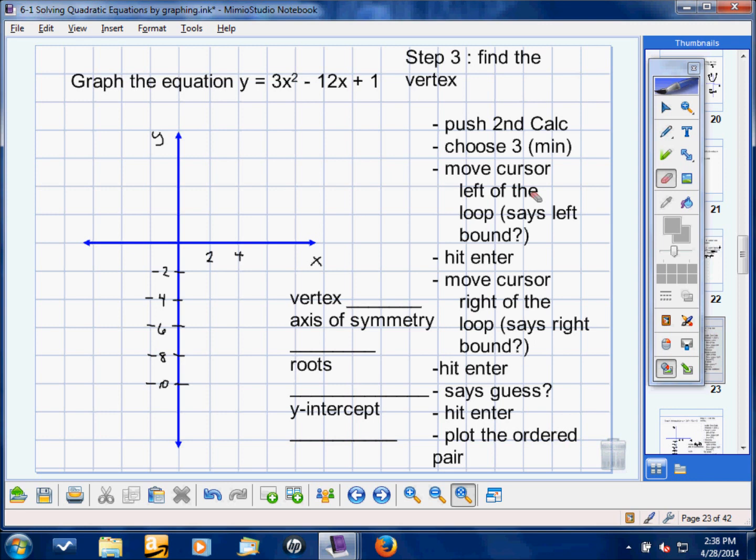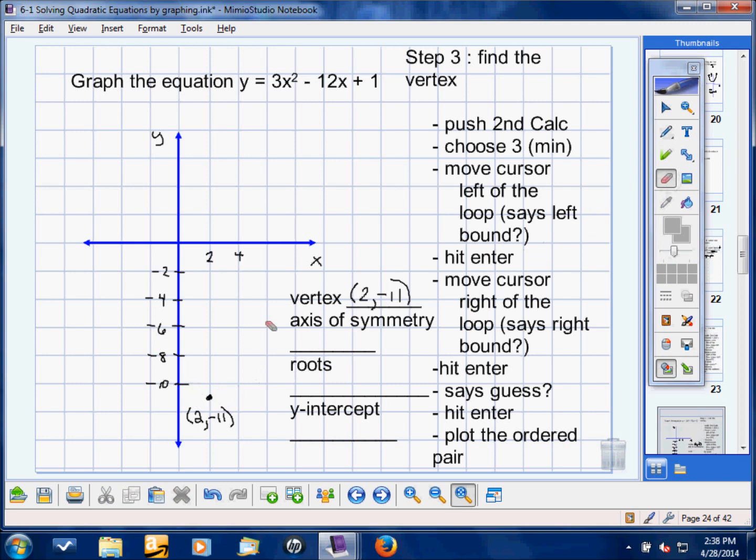And it should say minimum 2 point and then a whole bunch of zeros and 1. And the other one should say negative 11. If it does not, we'll go back over this tomorrow. So the vertex is 2, negative 11.